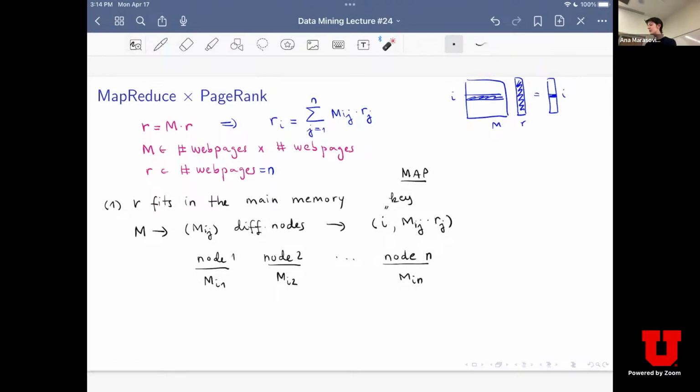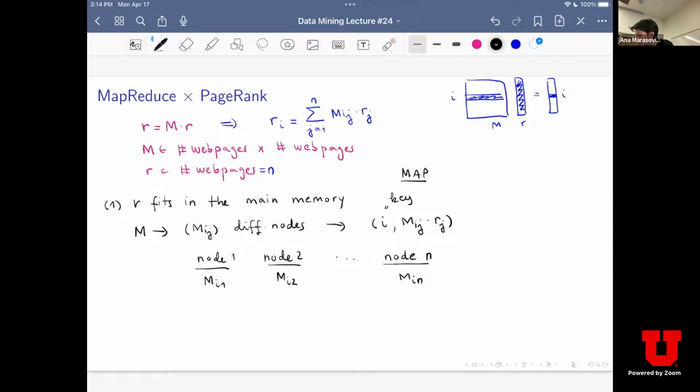Now I put them sequentially into their nodes, and I also assume there are as many nodes as whatever is the value of n, which are all just assumptions I'm making for the illustration of this. But the point is that you take the row and you put the values across different nodes.